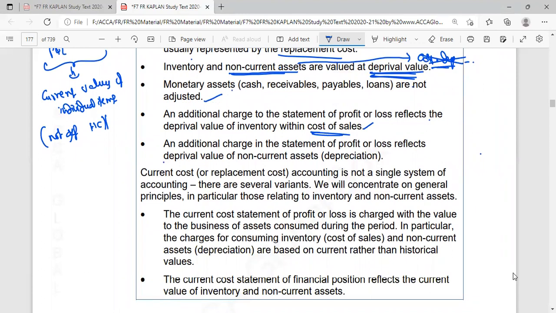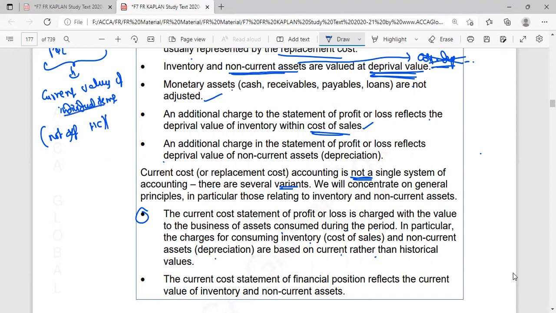Current cost accounting is not a single system of accounting. There are several variants. In the current cost statement of profit and loss, the charge is the value to the business of assets consumed during the period. In particular, the charges for consuming the inventory and non-current assets are based on current rather than historical cost, as we discussed.